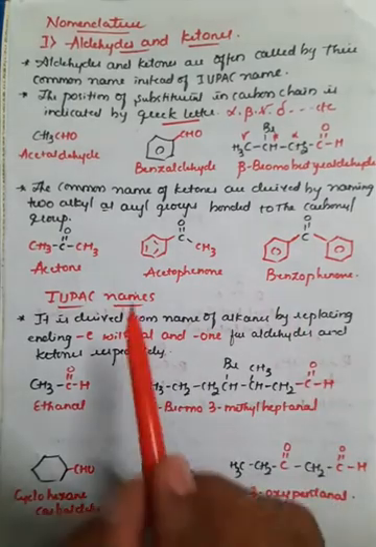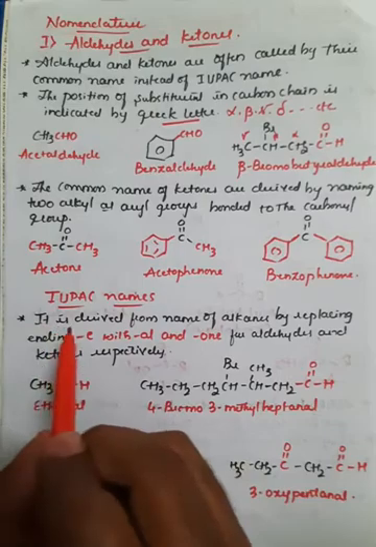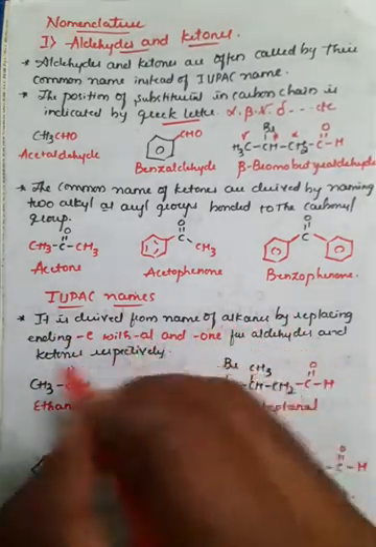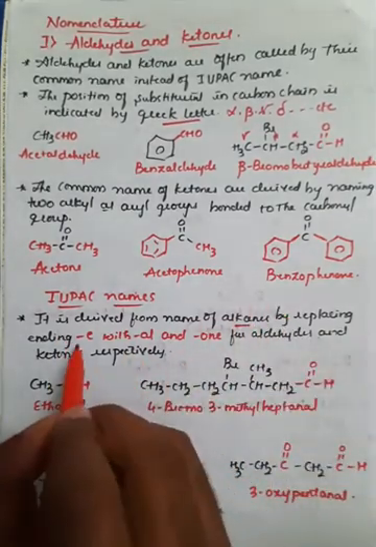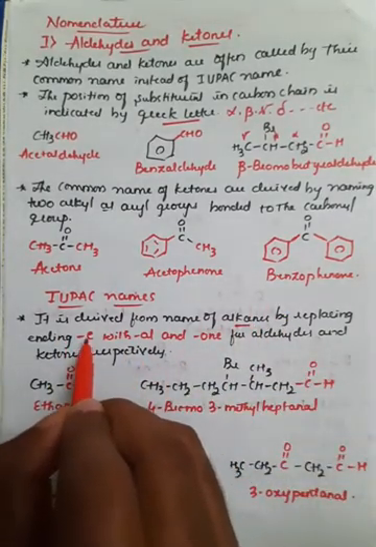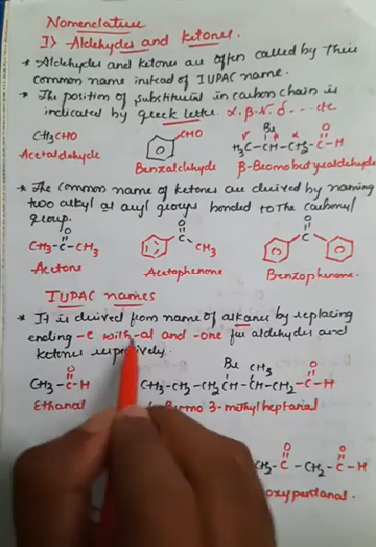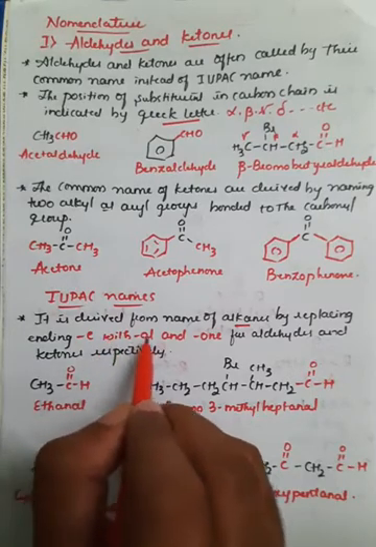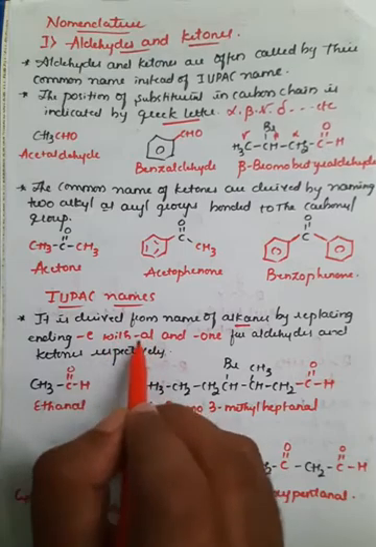So further if you go for the IUPAC name, that is the IUPAC system of naming, generally it is derived from the name of the alkane. It is derived, which means taken from the name of the alkane itself, by replacing, this is very important, the ending letter E with Al for aldehyde. For aldehyde, if it is alkane, you have to remove this E and you have to fix the word al, right?